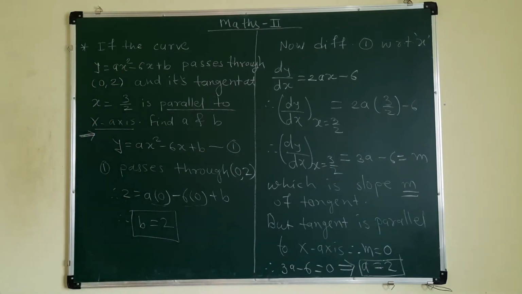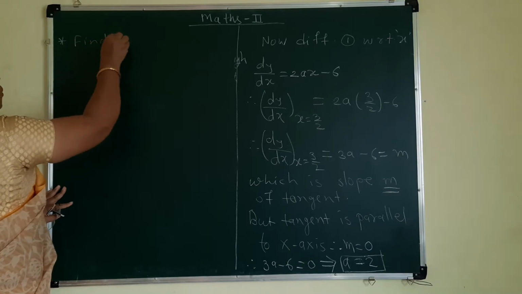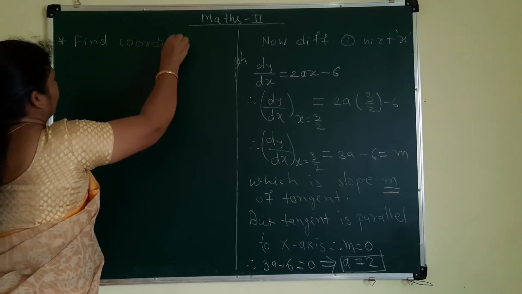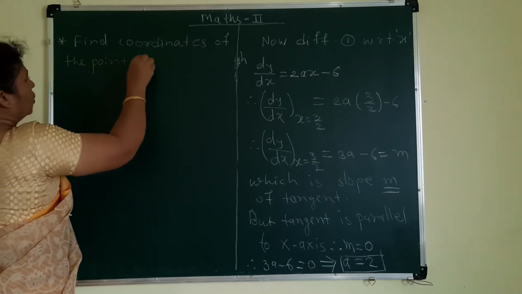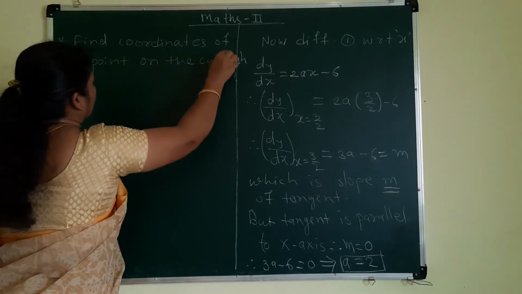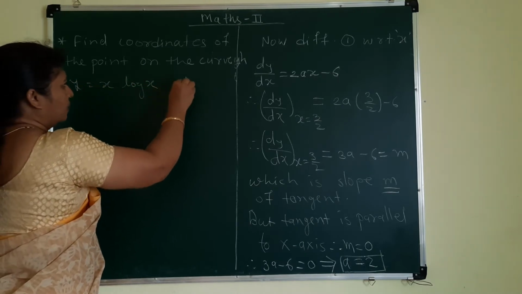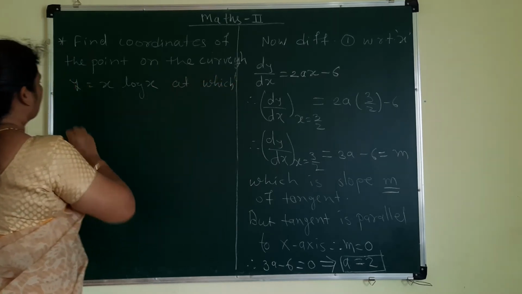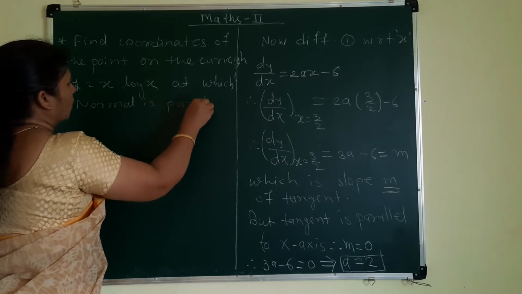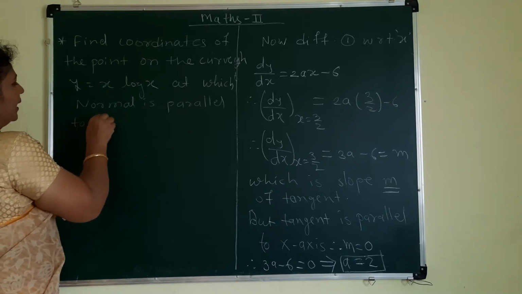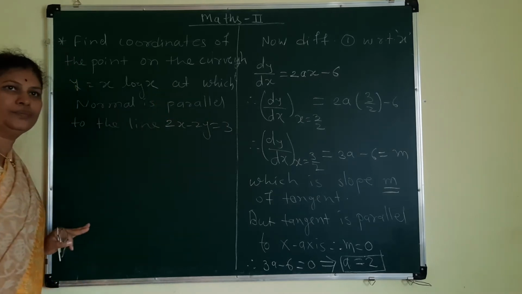Let us go to the next example. Find coordinates of the point on the curve y is equal to x log of x, at which the normal is parallel to the line 2x minus 2y is equal to 3.